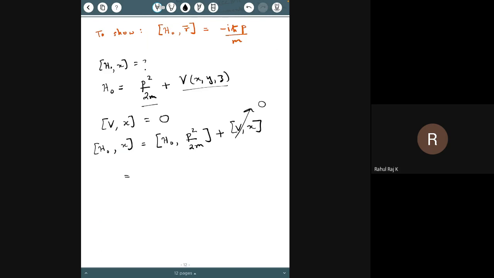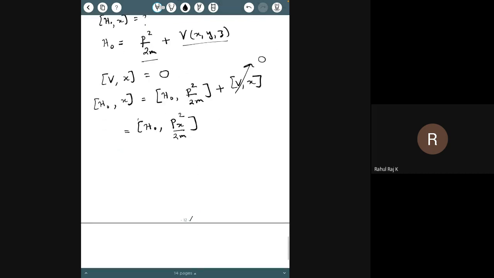And I can open the P squared. Even in P squared, the Py and Pz components commute with X. So I can just write this as the commutator of H0 with Px squared by 2m.